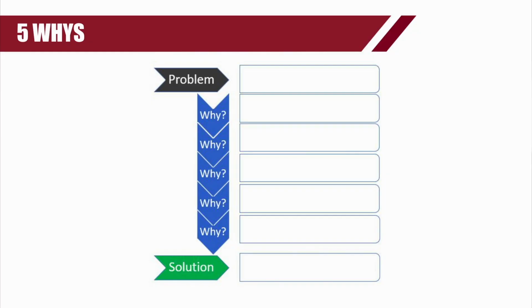So here's what a typical 5 whys looks like. You start by stating your problem statement at the top, and then once again, you just start asking why until no further credible path is established. And eventually you'll get down to a point where you'll determine what the best solution is to that problem. If you remember in lesson 1, we talked about the example of having stripped gears.